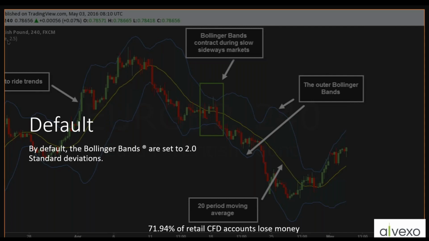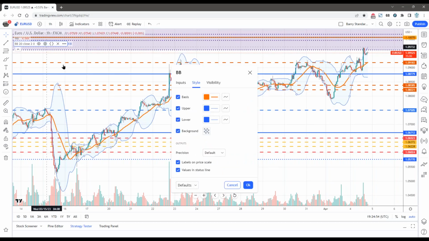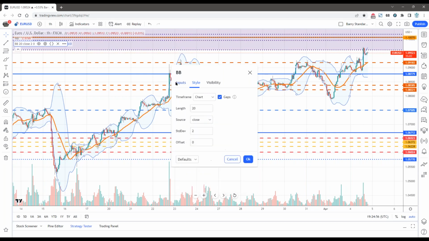So let's go back again to the live chart, since I brought this issue up. Okay. In the settings, we can change our inputs and use a 10-period moving average or a 30-period moving average.